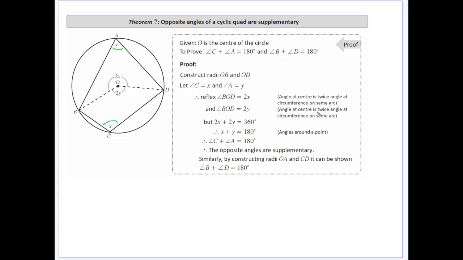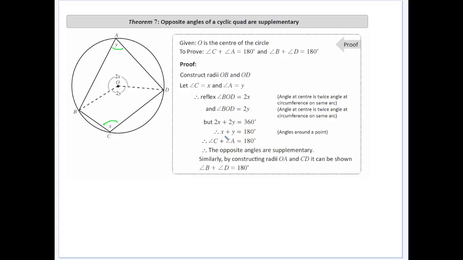So there's our rules there, and this is why we get those angles that way. Now these two angles add up to be 360 degrees, so 2x plus 2y equals 360, because it's a circle, it's angles around a point, we could say it's a revolution as well. The two angles go around one point completely, so they must add up to 360.